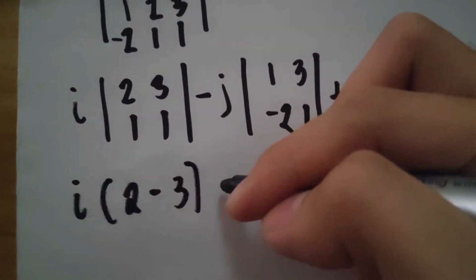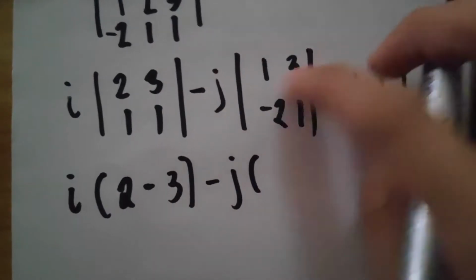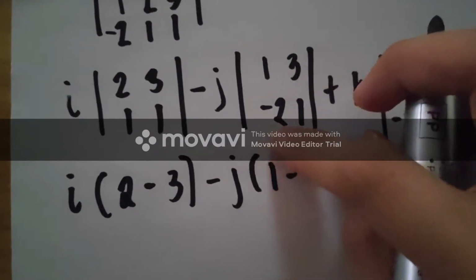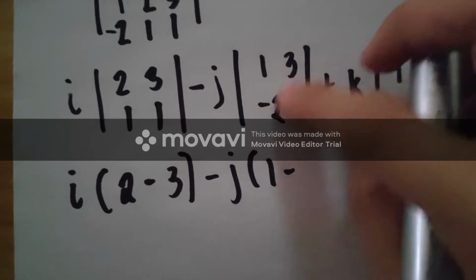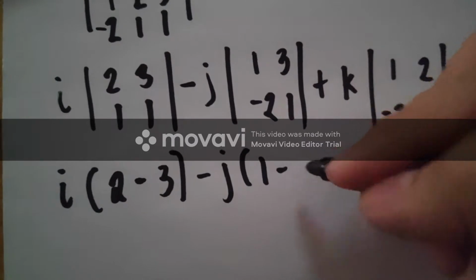And for j, simply have this. 1 times 1 is equal to 1 minus the product of these two values, the -2 and 3, which is -6.